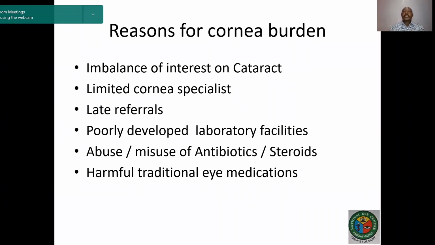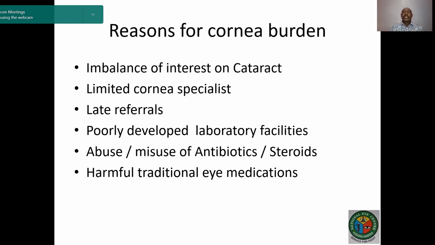Also, we know that we have limited cornea specialists. This also makes it that whenever we have cornea diseases, the best of opinion may not be readily available. Late referrals have also been things we see even in most of our centers, in tertiary centers, where cornea ulcers are not referred as early as possible.